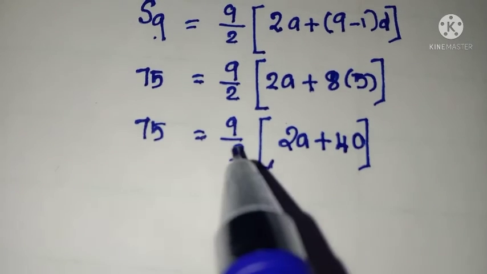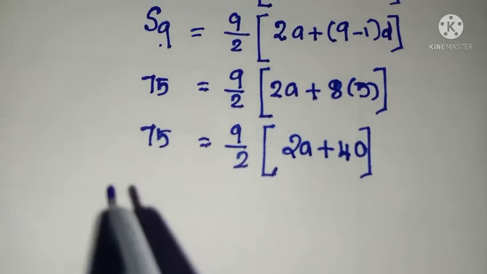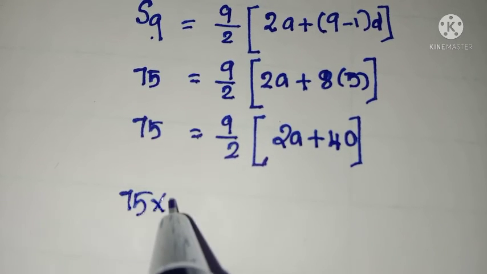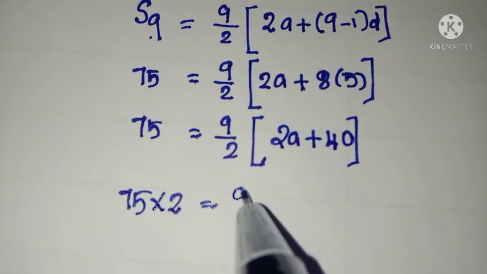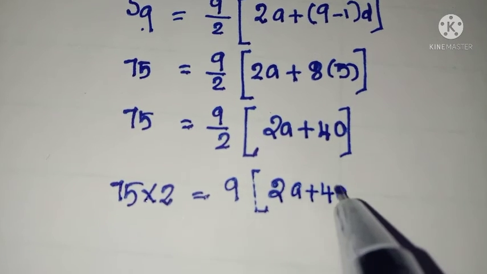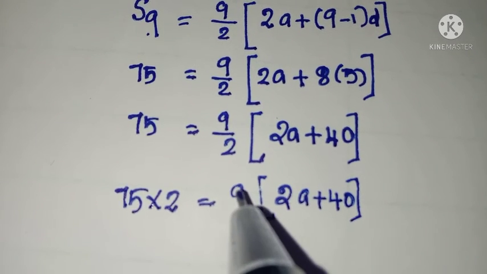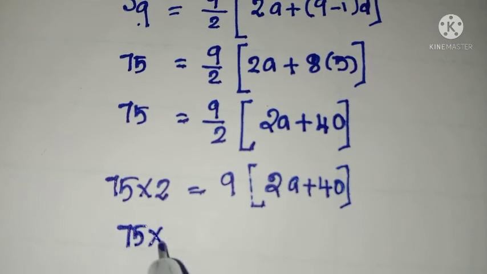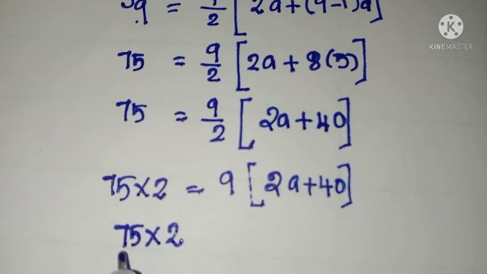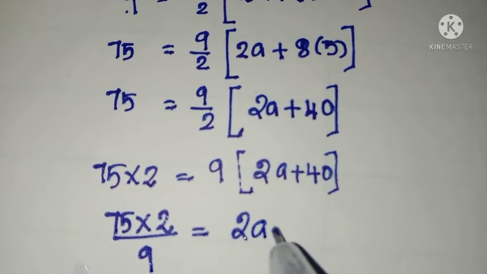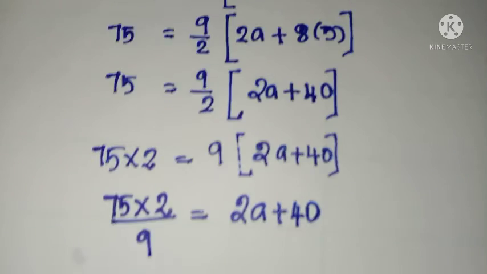Now take this 2 to left side. So by 2 becomes into 2, equal to 9 into 2a plus 40. Now take this 9 to left side. So 9 into becomes by. So 75 into 2 by 9 equal to 2a plus 40.